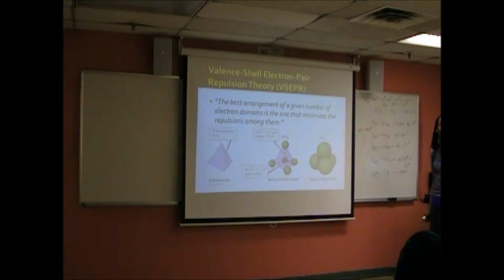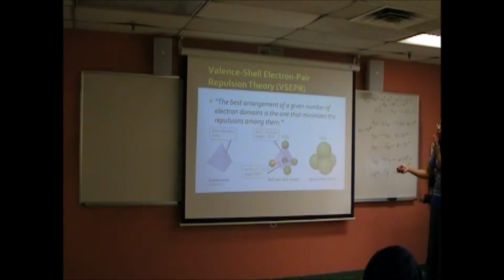Okay? All of your carbon-chlorine bonds are going to angle themselves at 109.5 degrees away from each other. This is the angle that will give you the minimum amount of repulsion. What's the angle? 109.5.